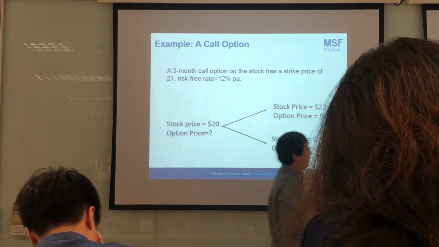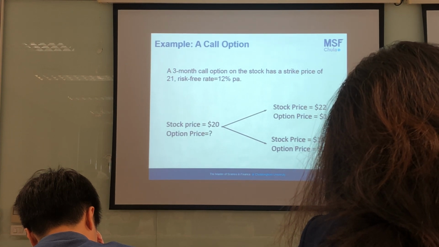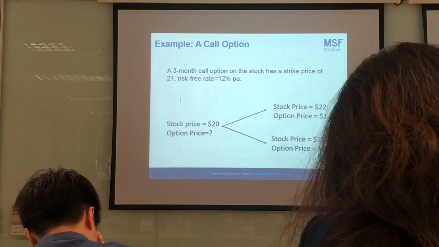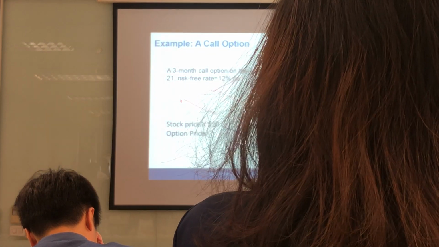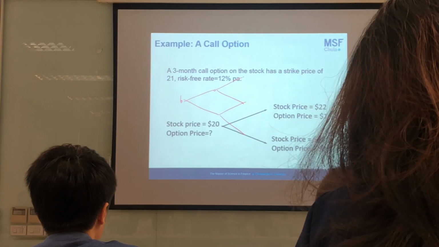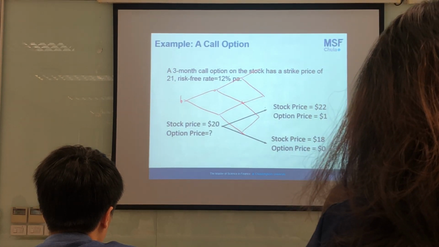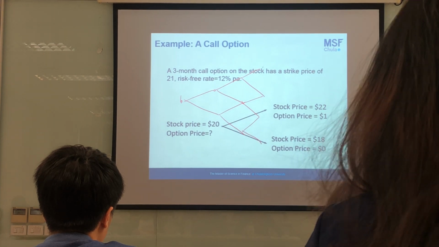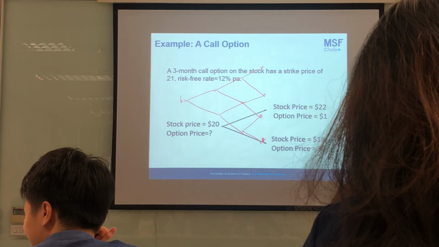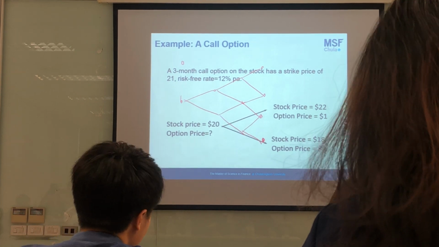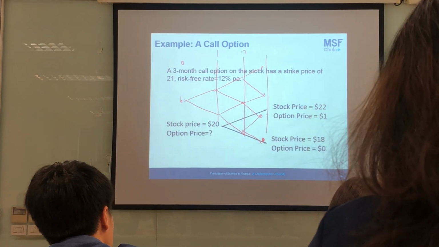However, if you assume that one period is equal to 1 month, you will have something like this. This is today, this is 1 month, this is 2 months, and 3 months.